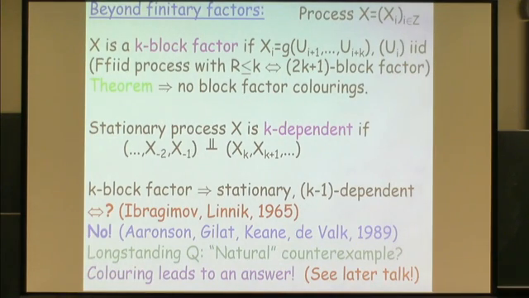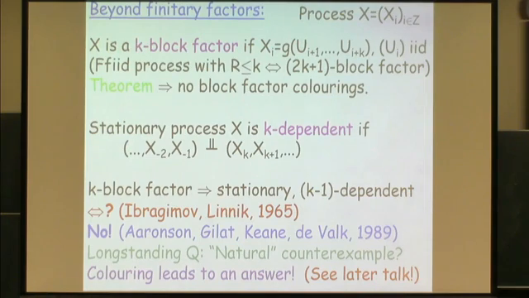And finally, beyond finitary factors, so this is a quick advert for my second talk that I'll give in a couple of weeks. So this is a different direction, also very interesting. A block factor is an FFIAD process with bounded coding radius.